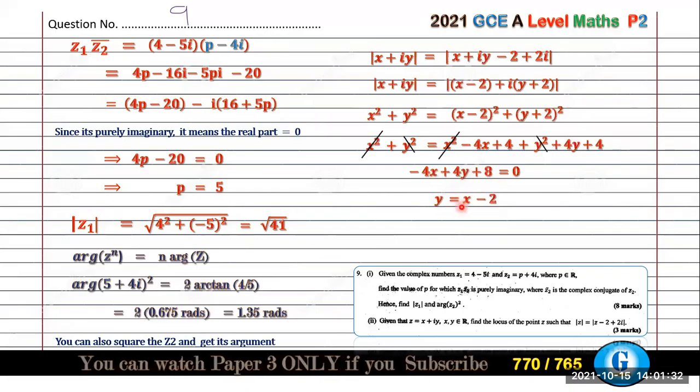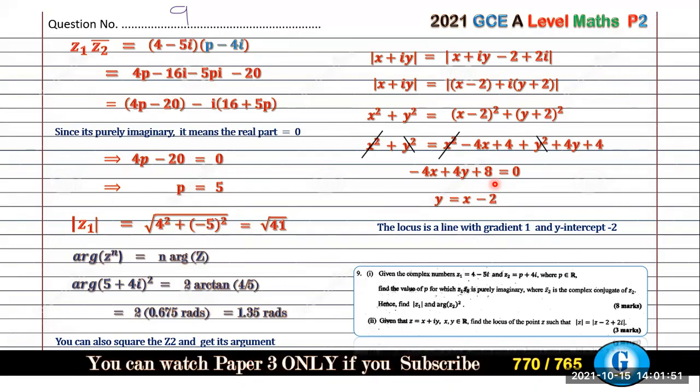When we simplify, we have y is equal to x minus 2. So this is an equation of a line with gradient positive 1, and the y-intercept is minus 2. So the locus of this point Z is a line with gradient 1 and intercept minus 2. That is it for question 9.